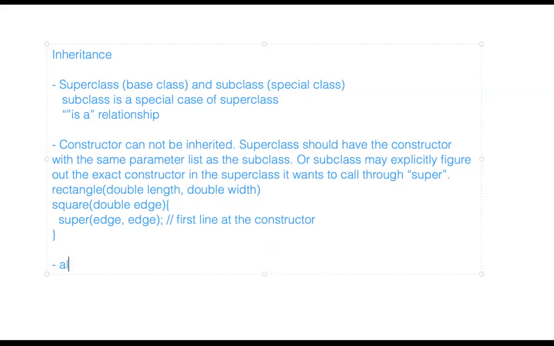And then all public methods at the superclass can be inherited, except a constructor, right? All other public methods you can call at the superclass can be inherited by the subclass.